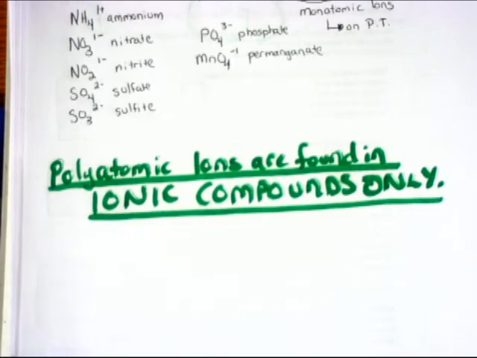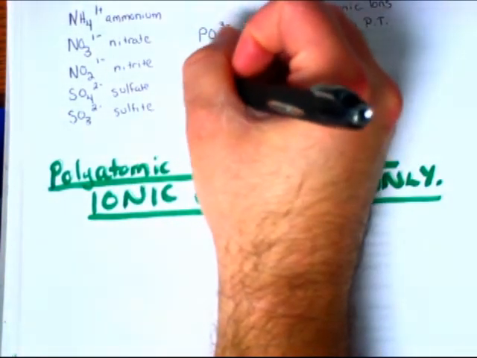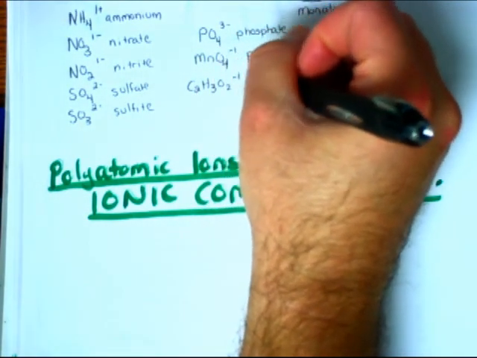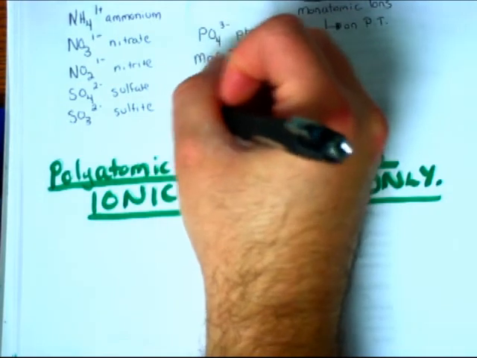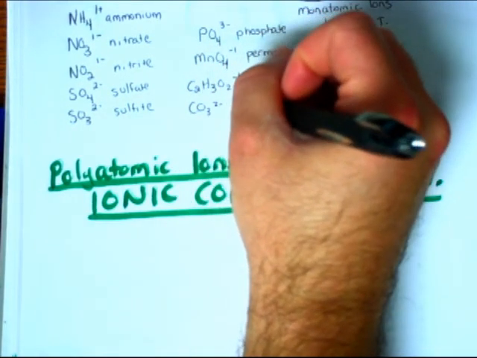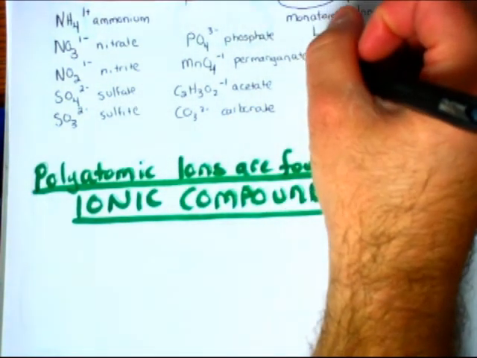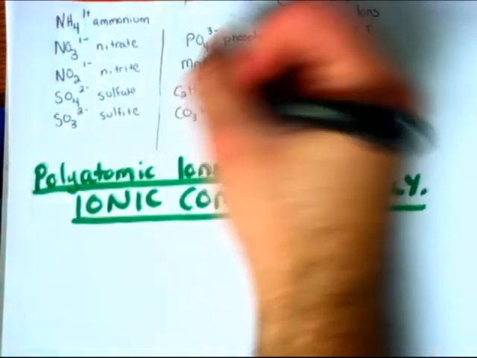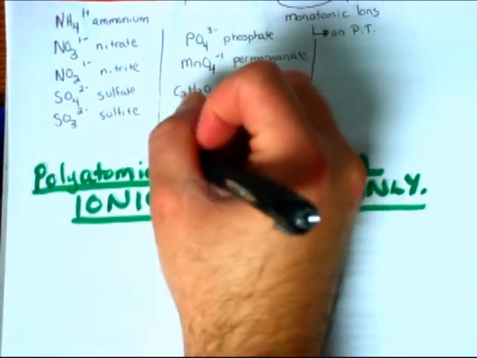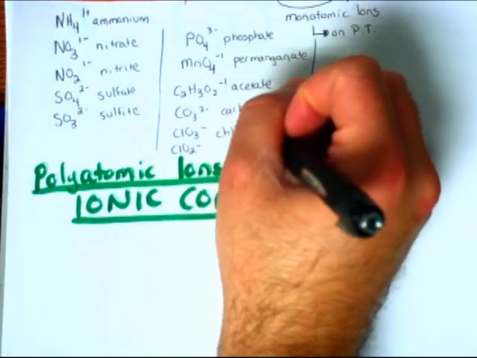Let's add a couple more to this list. C2H3O2-1 is called acetate. CO3 2- is carbonate. ClO3- and ClO2- are chlorate and chlorite.